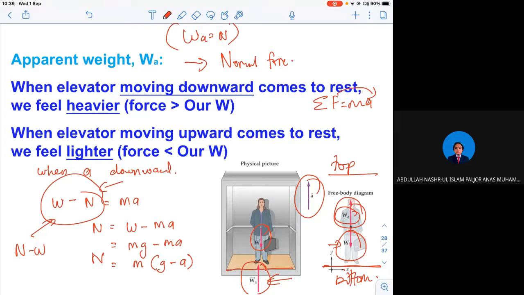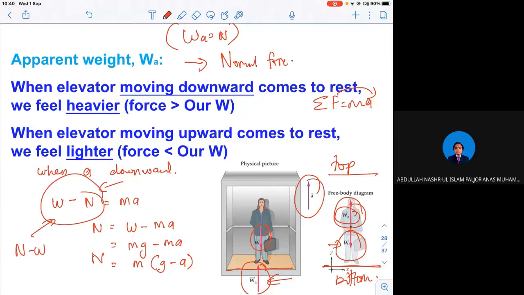Some of you may say, I don't want to use W minus N; I want to use a different form. For example, everything that goes up must always minus everything that goes down. Forces going up will minus the forces going down.